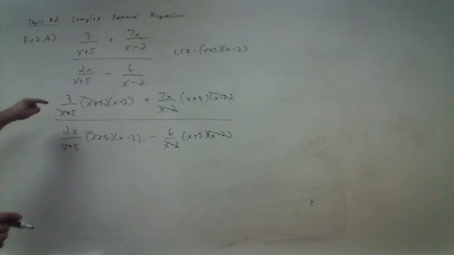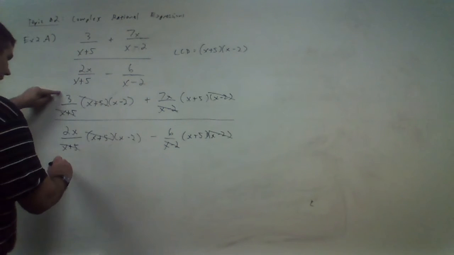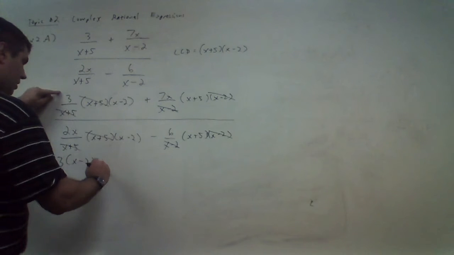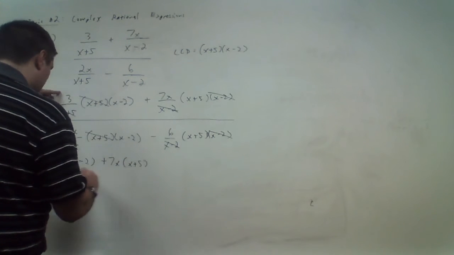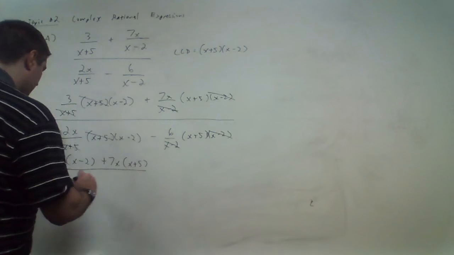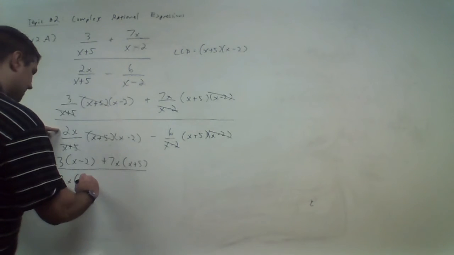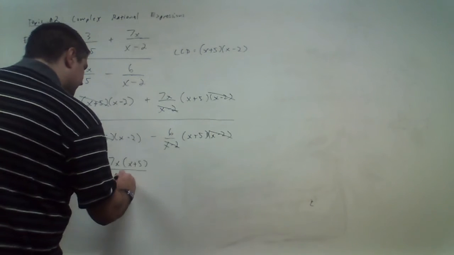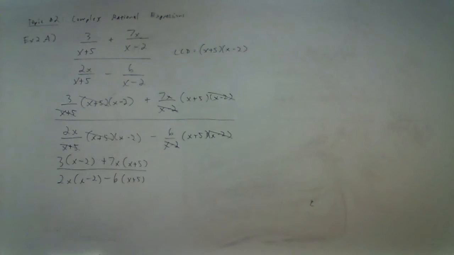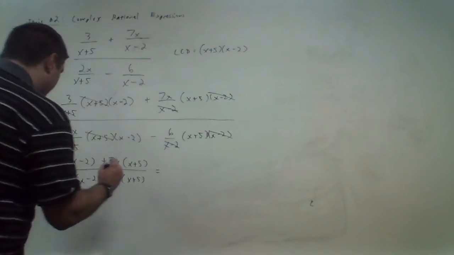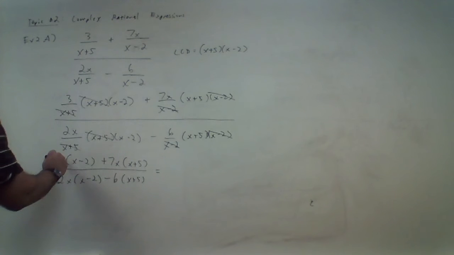So, you will have 3 times x minus 2 plus 7x times x plus 5 over 2x, x minus 2, minus 6 times x plus 5. So these are distributive property situations.